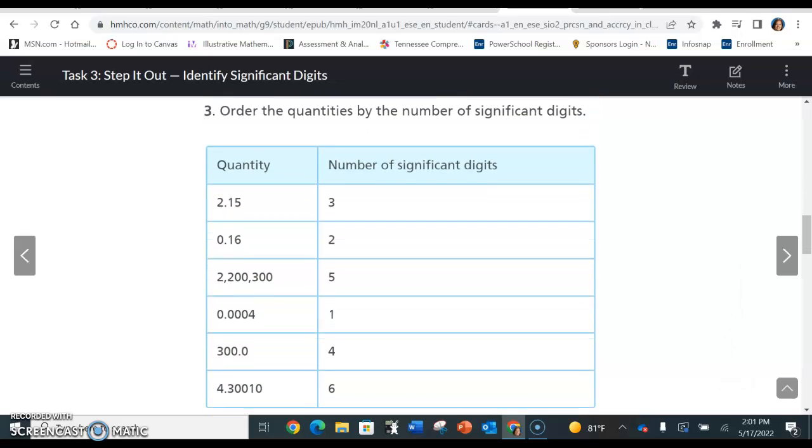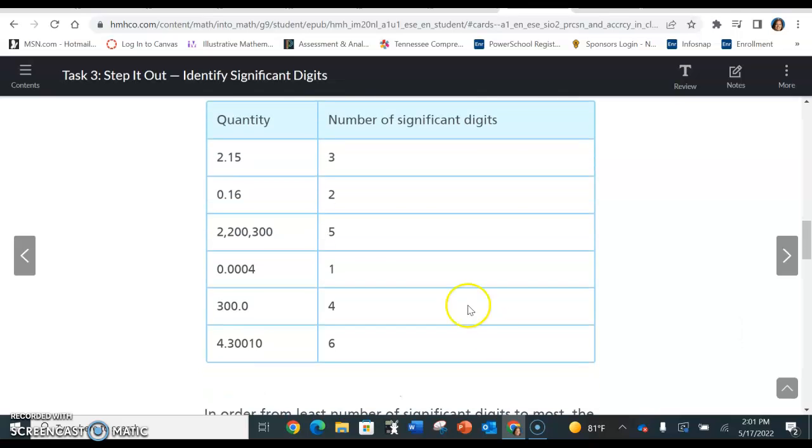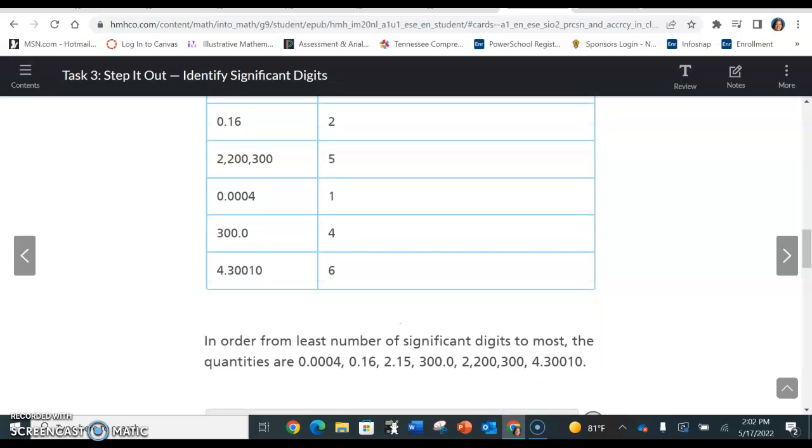All right, so it says order the quantities by the number of significant digits. All right, so 2.15 has 3, this one has 2, this one has 1, 2, 3, 4, 5. These 2 would not be significant. This one has 1, and this one has 1, 2, 3, 4, and this one has 1, 2, 3, 4, 5, 6. Okay, so you can see that the zeros here on the right of the decimal makes a difference.